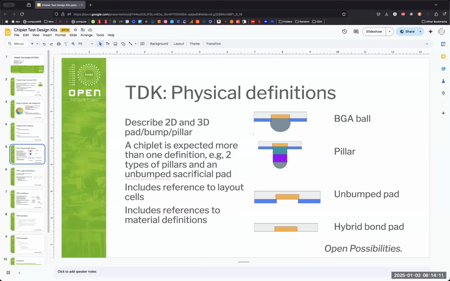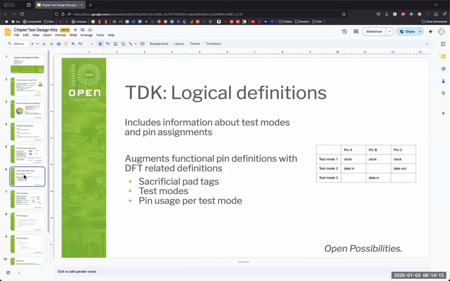Okay, sounds good. Thank you. On the logical definitions, the thinking was an engineer would look at the design in the beginning and basically figure out, okay, here are my test modes, and for the different modes, here's how I'm going to assign my test pins.